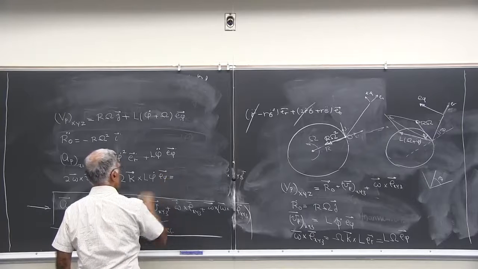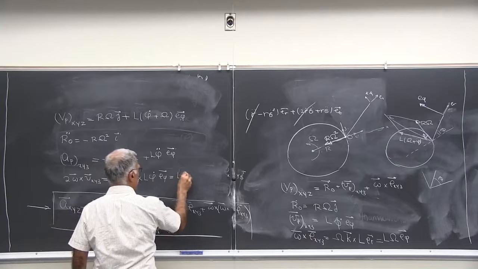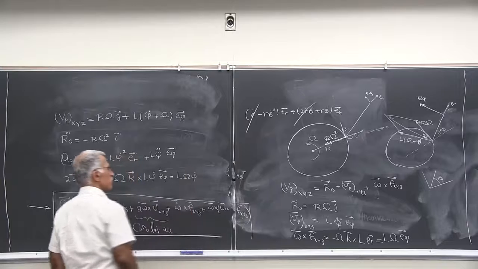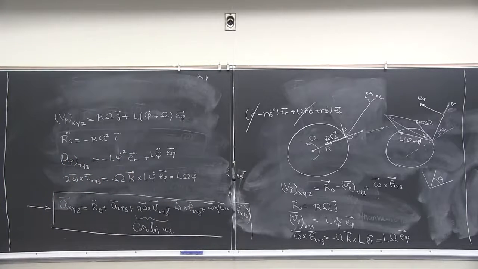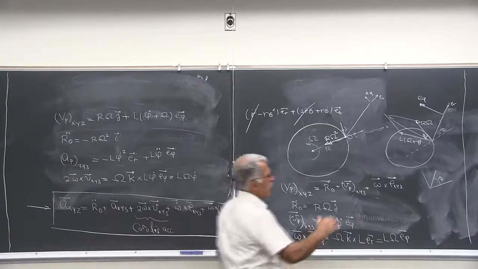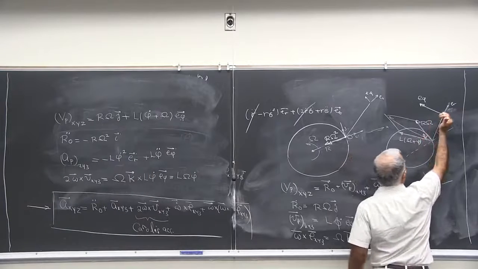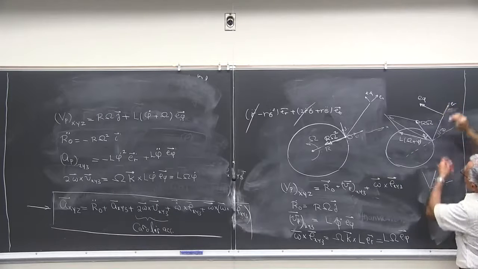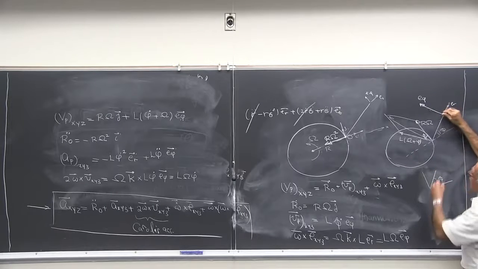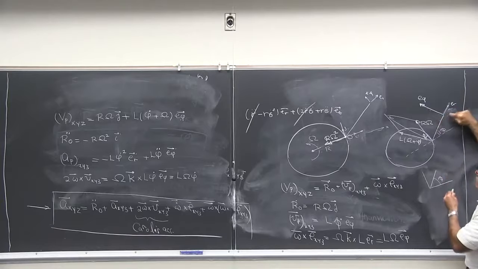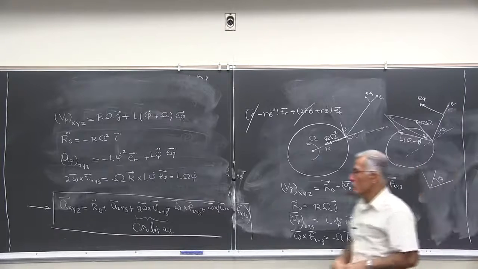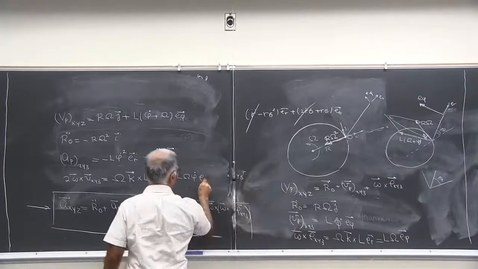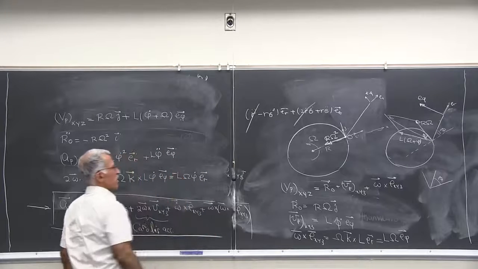And this becomes L omega phi dot, and k times E phi. K is here, E phi is here, k times E phi becomes minus ER. So that is, and you put a negative in front of it.